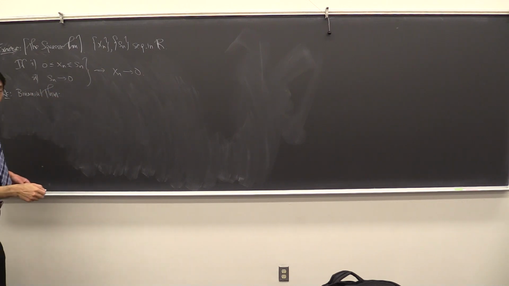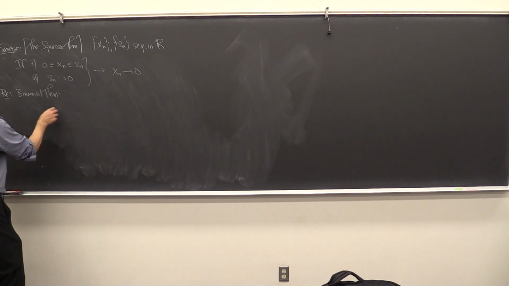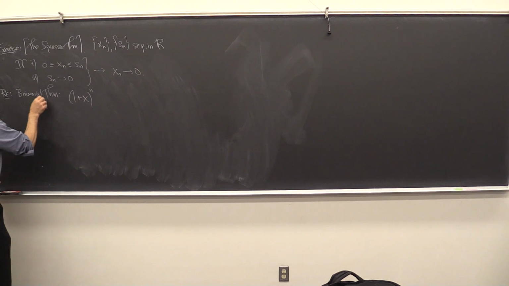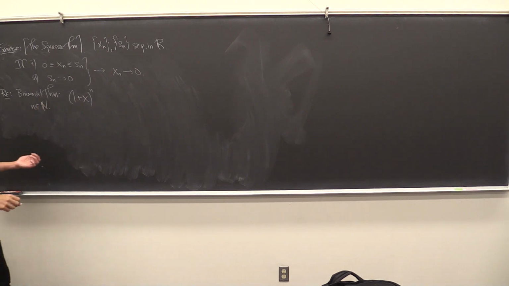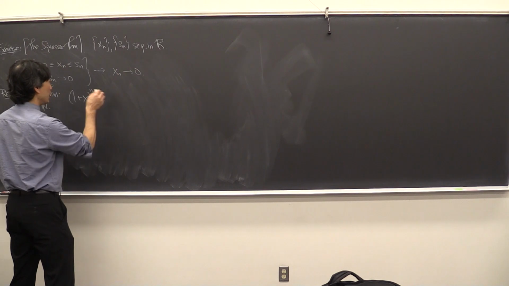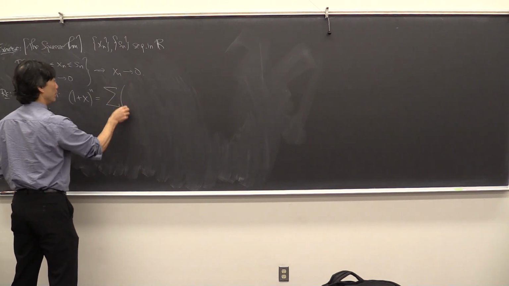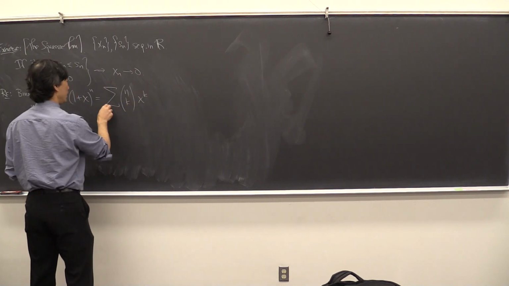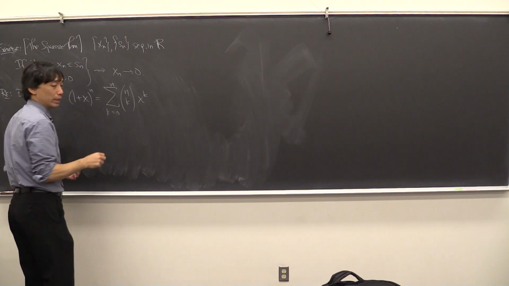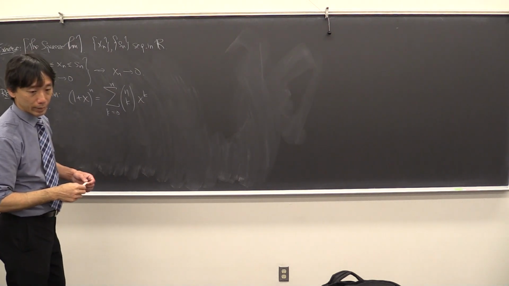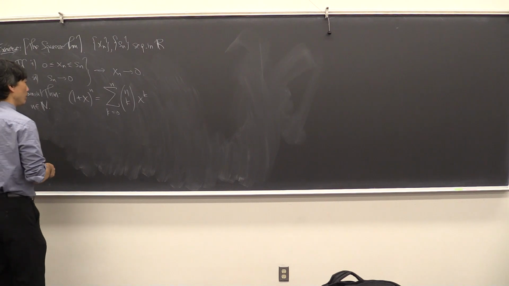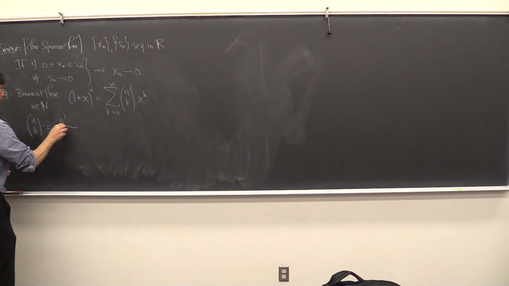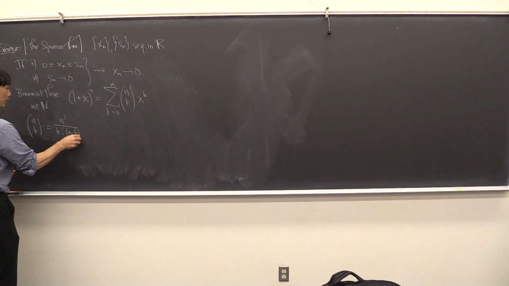which tells you about how things like 1 plus x to the n, where n is some natural number, have a kind of nice form, which is the sum of n choose k x to the k as k goes from 0 to n, where n choose k is n factorial over k factorial times n minus k factorial.